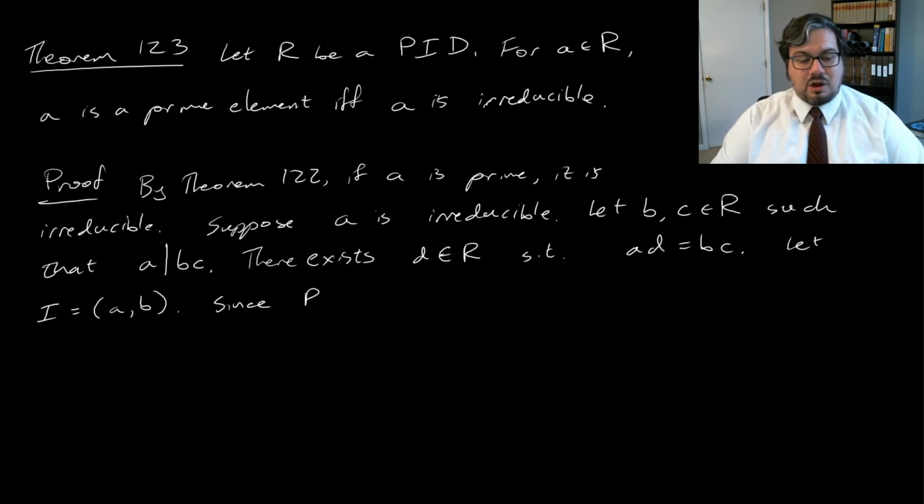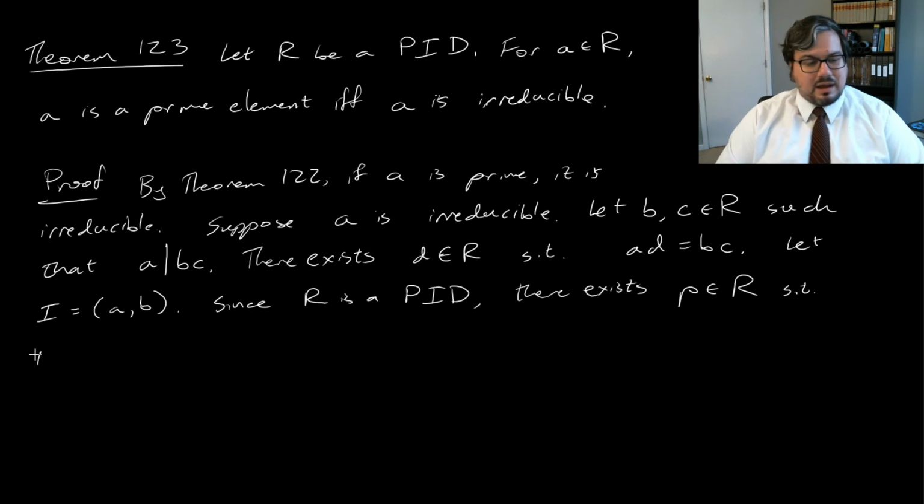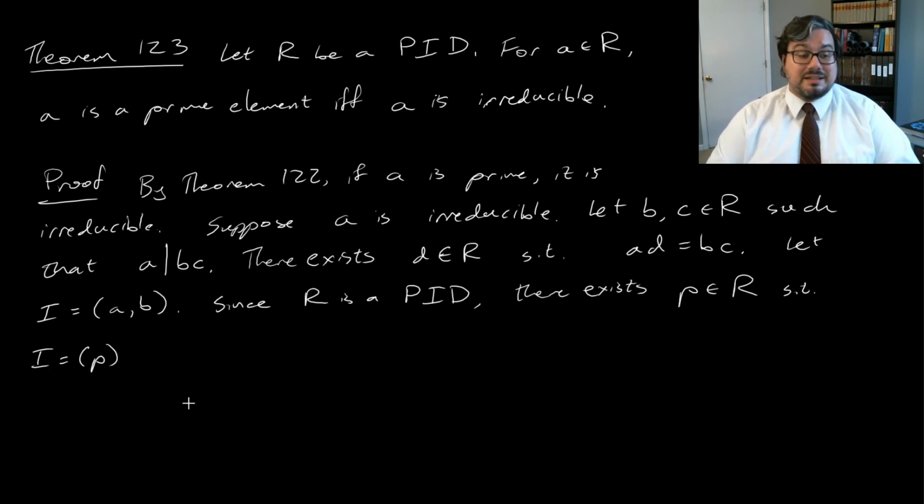But since R is a principal ideal domain, there exists some element P in the ring such that I is equal to the ideal generated by P. Every ideal is principal, which means every ideal can be generated by a single element.